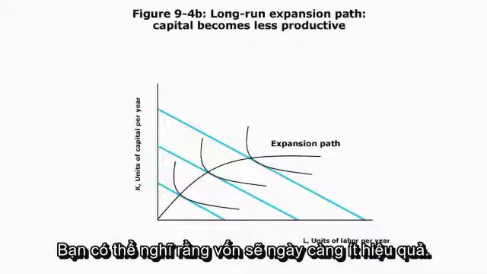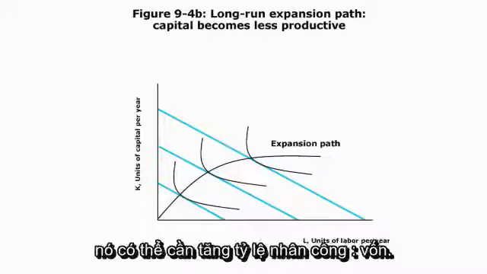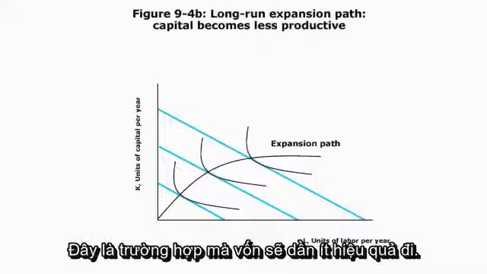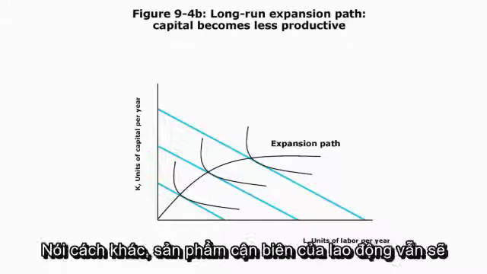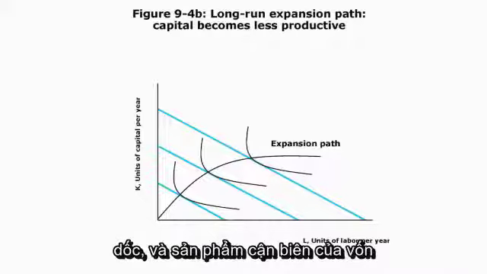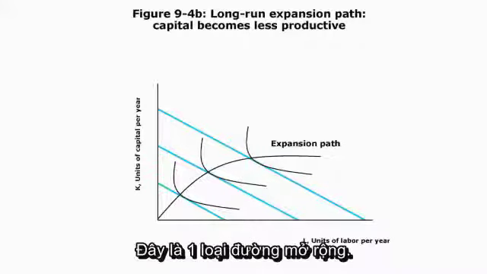So capital becomes less and less productive, and as a given McDonald's franchise expands its sales, it might want to increase the ratio of labor to capital. As you expand production, you use more labor and less capital. In other words, the marginal product of labor is still steep, but the marginal product of capital is flattening. That's one kind of expansion path.